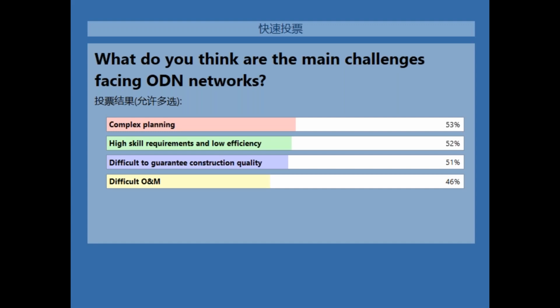That will bring the challenge of low efficiency and poor quality for network construction. In addition, optical fiber is passive, and management methods are limited, so operation and maintenance have a lot of challenges. I think we will take care of all of this, and this is the driving force behind our solution.